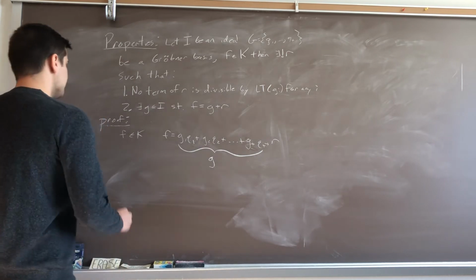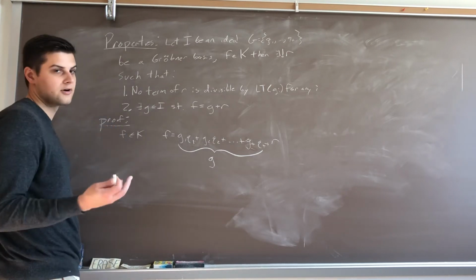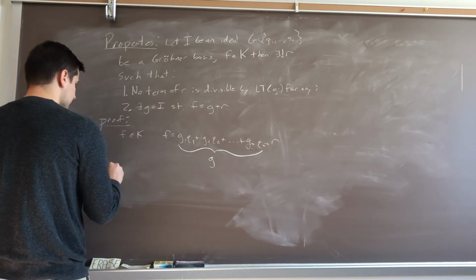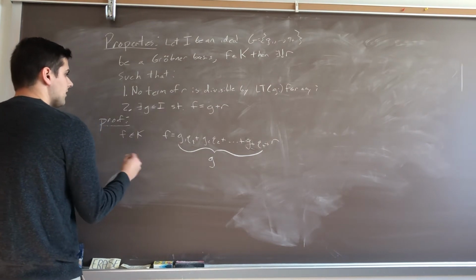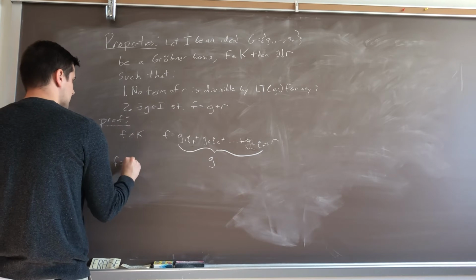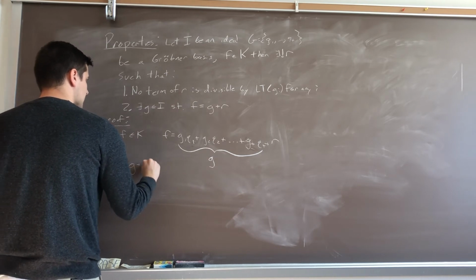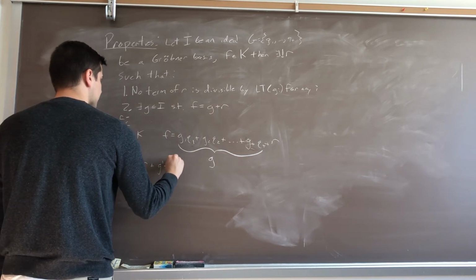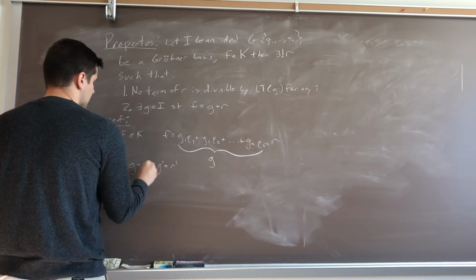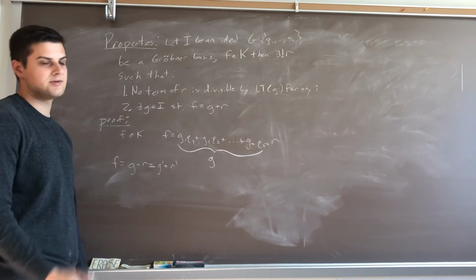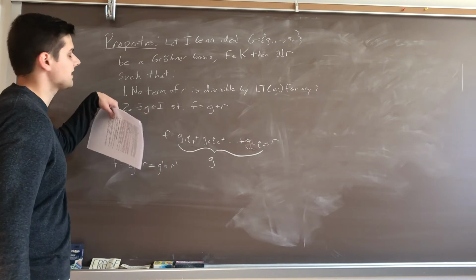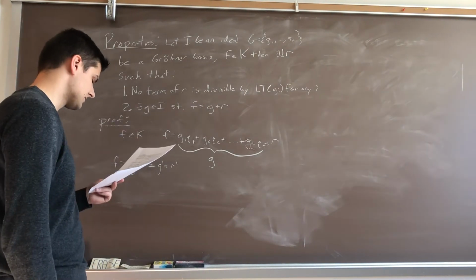To prove uniqueness, we're just going to assume that there are two R with these properties, R and R prime. So F equals G plus R, which is also equal to G prime plus R prime by this second property, since we're assuming that two exist.